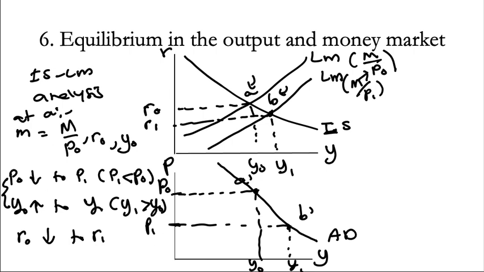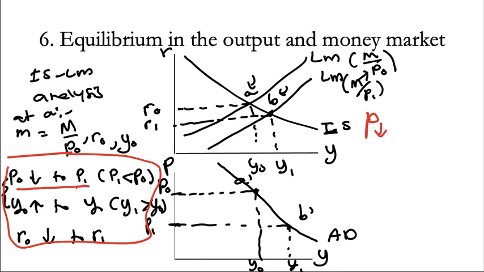Now, what's the economic intuition behind all of this? Why does it happen like that? When price falls down from P0 to P1, then obviously it affects the money market.